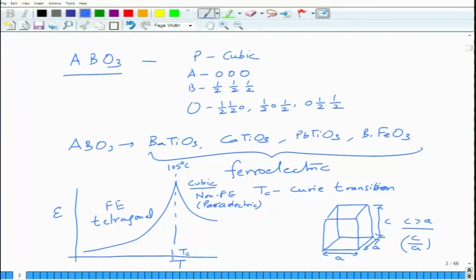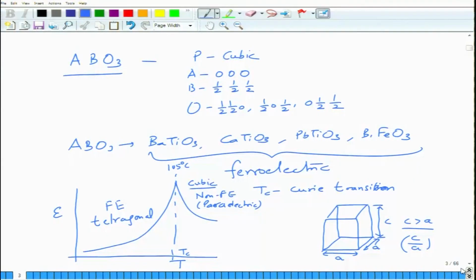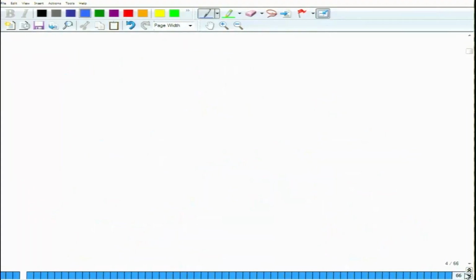Many of these perovskites in the ferroelectric state, in fact all of them, are non-cubic, which is necessitated by the requirements of ferroelectricity. Ferroelectricity cannot occur in cubic compounds, but at higher temperature they become cubic. So, this is the difference between cubic perovskites and non-cubic perovskites.